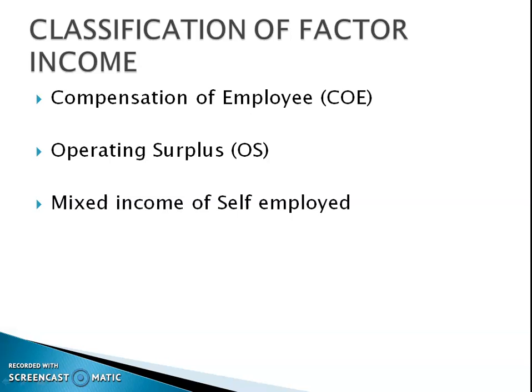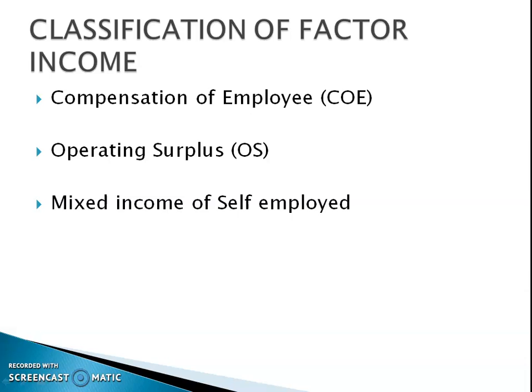When we add all these three items, we get net domestic product at factor cost, that is NDPFC. NDPFC is otherwise known as the domestic income of a country, and if we add net factor income from abroad, we will get NNPFC or national income.